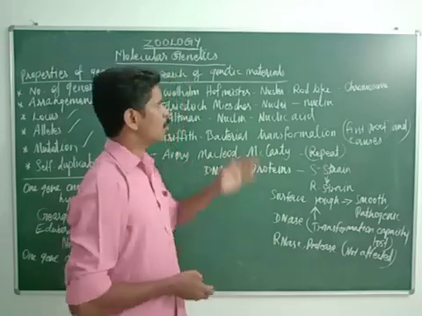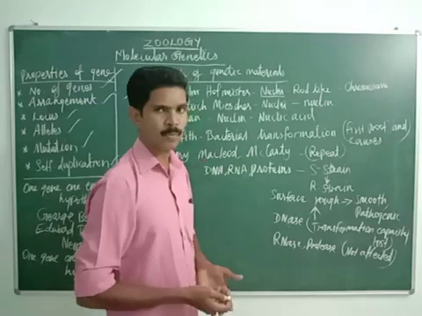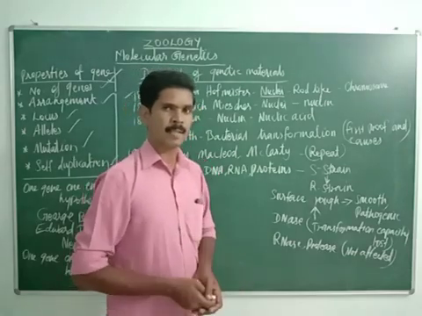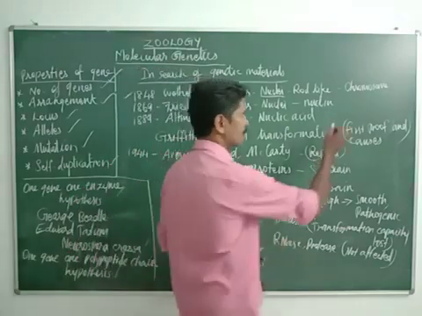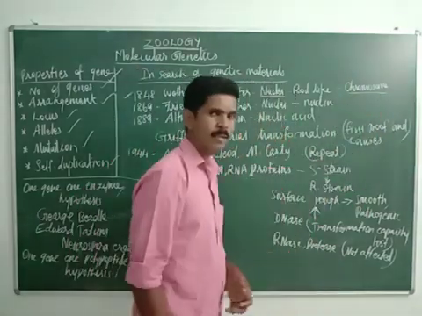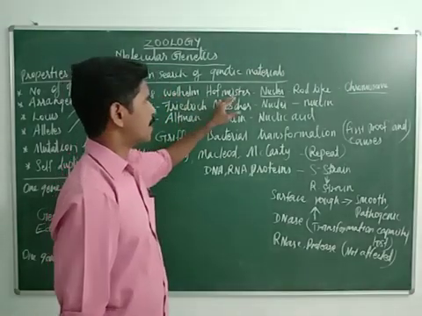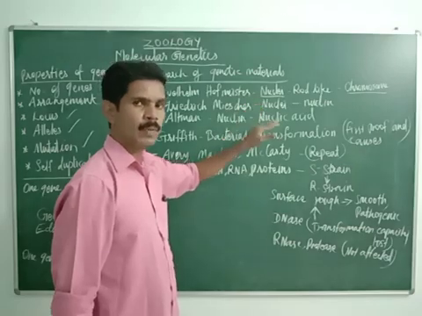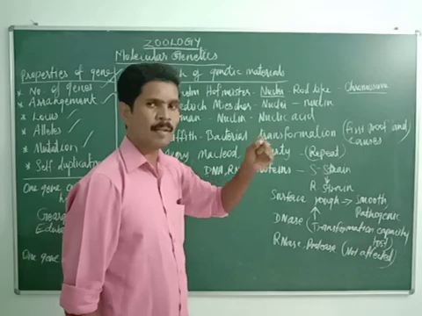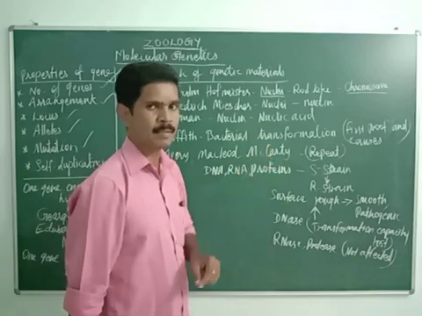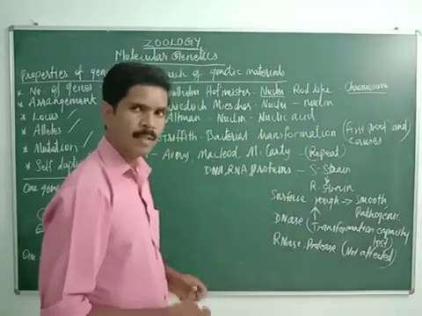The nuclei of the cell sometimes changed into a rod-like structure during mitosis cell division, and this structure is called a chromosome. So in 1848, Wilhelm Hofmeister observed that the nucleus of the cell is changed into a rod-like structure during mitosis, and this structure is called a chromosome.